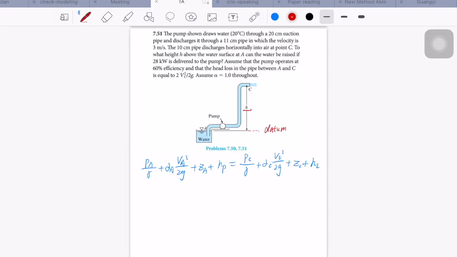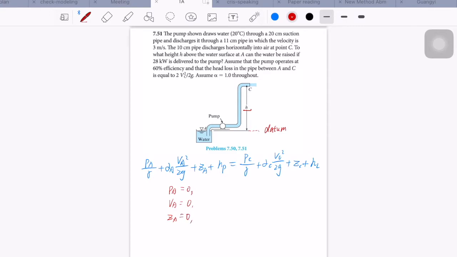And since the surface is open to the atmosphere, PA equals 0. And at the surface A, the velocity is neglected, so VA equals 0. And since we said that the surface A is the datum, ZA also equals 0.